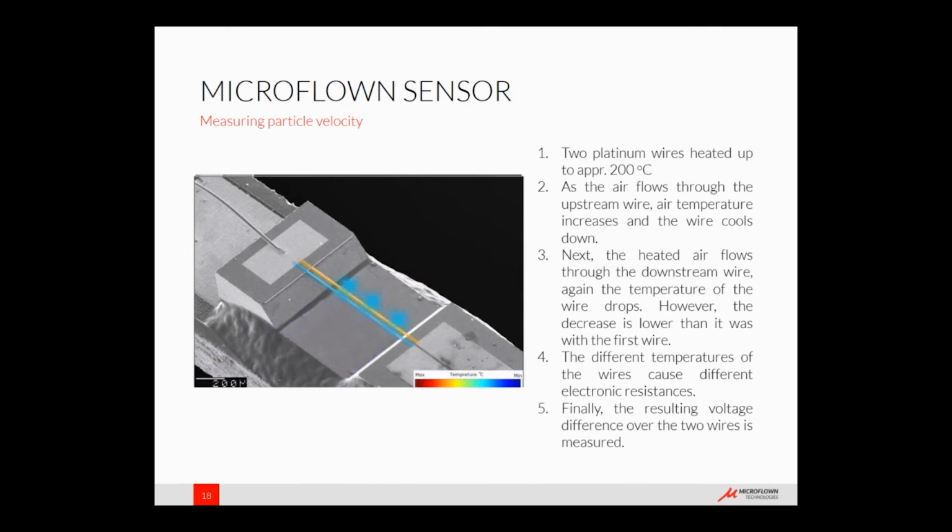You can see on one side there's the input, a coupled circuit. On the other side, we see a decoupled circuit. The same signal comes in from one side, but due to the change in resistance caused by the temperature, there will be a different voltage coming out of the two wires on the other side. So this is how we can measure the acoustic particle velocity with this unique technology.